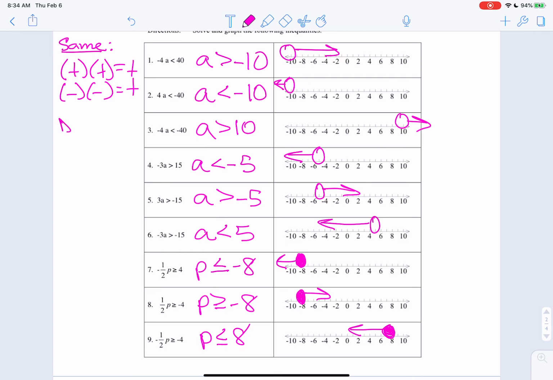But if the signs are different, if you have a positive times a negative or a negative times a positive, they equal negatives, okay? And remember, same rules for division, all right?